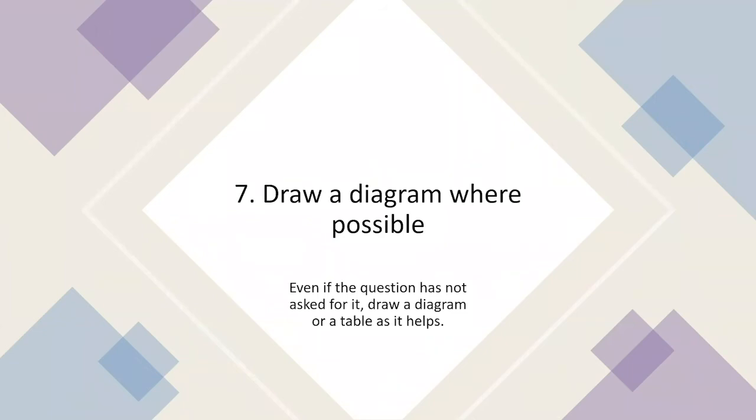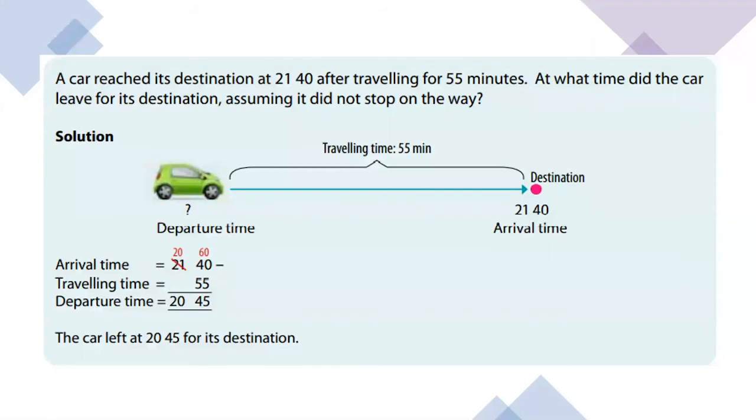Number 7, draw a diagram where possible. Sometimes the question will not ask you to draw a diagram or to draw a table, but it helps. Let us look at this example. A car reached its destination at 21 hours 40 after traveling for 55 minutes. At what time did the car leave for its destination, assuming it did not stop on the way?